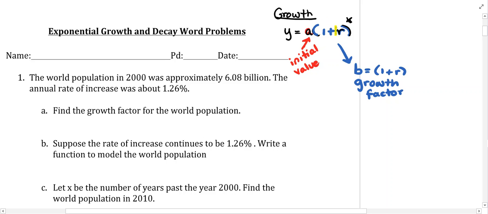But then this right here will be the growth rate, in decimal form.